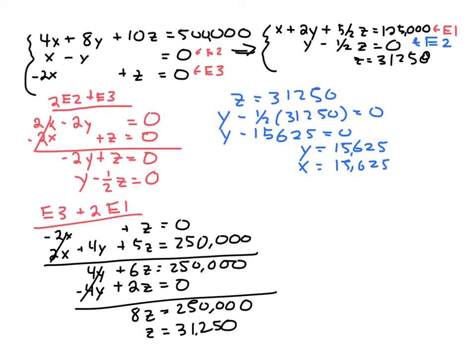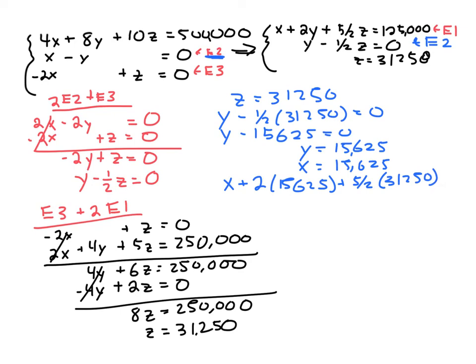Remember, that basically is what the second equation is, the x equals y. But I'll go ahead and look at equation 1 and do that as well, just to double check. So I should have 2 times 15,625 plus 5 halves times z.